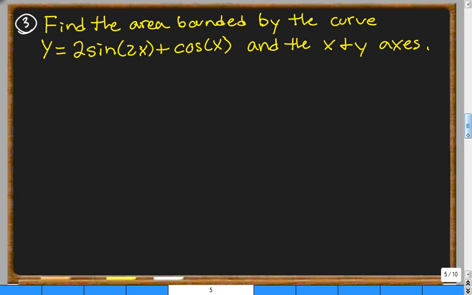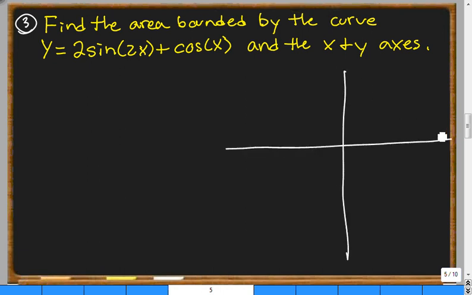Okay, how about find the area bounded by the curve y equals 2 sine 2x plus cosine x and the xy axis. So let's look at this again. This is a tricky one because you're dealing with a trig function, especially one that's got 2x. It's going to make this a lot easier if we can somehow convert this back to having the same angle measure as cosine.